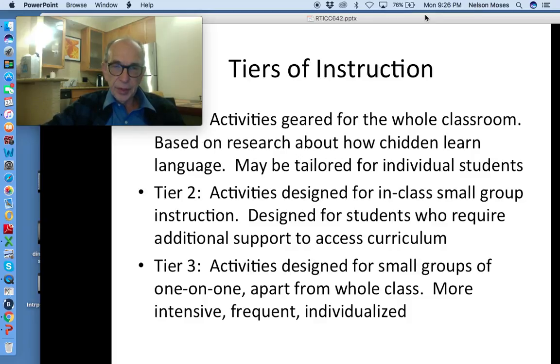They are integrated with what used to be called the mainstream, but now it's the regular classroom. And the kids do not have IEPs. At Tier 3, the kids do have IEPs, and they are in classrooms like District 75, 8 to 1 to 1, or 12 to 1 to 1, which applies to children with language learning disabilities.